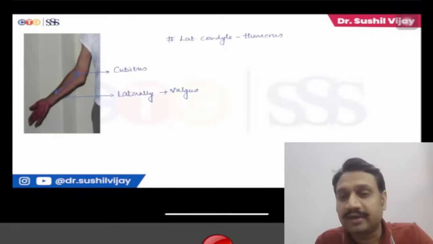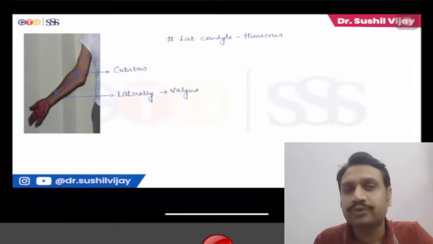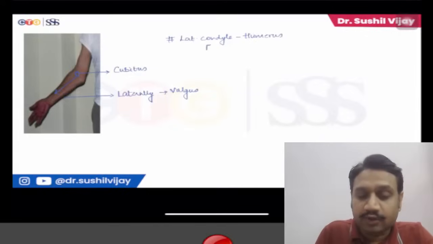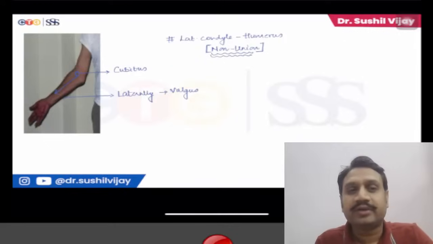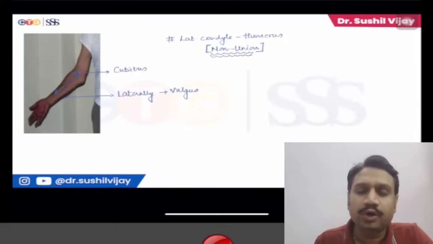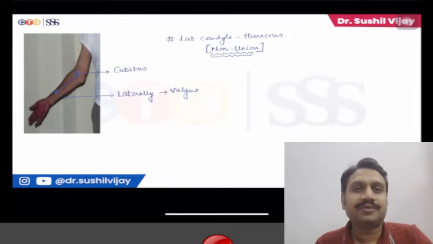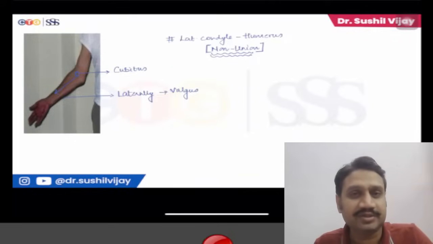And not every lateral condyle fracture is going to show you this deformity. It is the complication which leads to the deformity. And what is the most common complication related to the lateral condyle? It has to be the non-union, all right? And why is there a non-union? You all know very well that it is because the common extensor origin is at the lateral condyle, right?